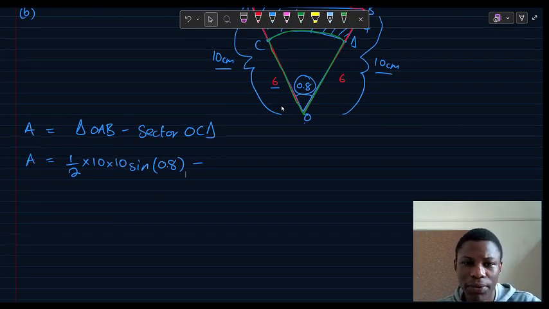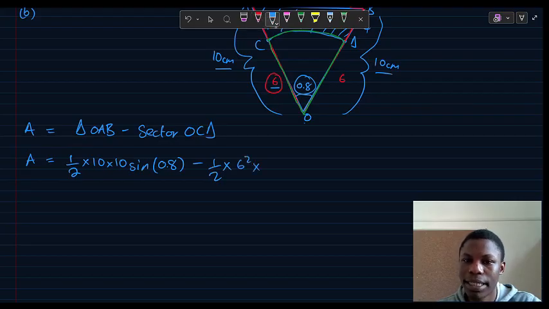Remember the formula for area of a sector is half r squared theta. Sector OCD has radius 6. So half times 6 squared times theta. The angle in our sector is still 0.8.